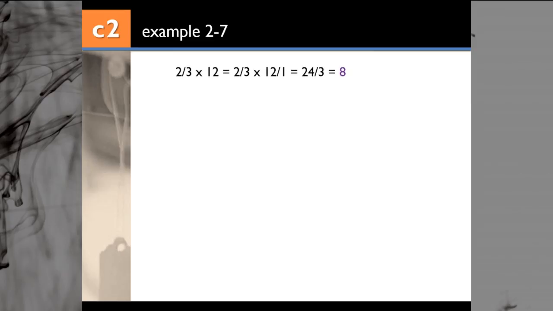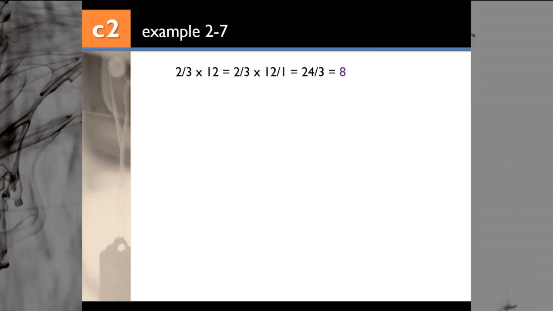You have to know how to calculate a fraction of a dozen. So 12 is what unit measure? Yes, that is 1 dozen. If somebody says 2/3 of 1 dozen, you can calculate it like this. 2/3 of 1 dozen means 2/3 multiplied by 12, which can also be written as 2/3 multiplied by 12 over 1.